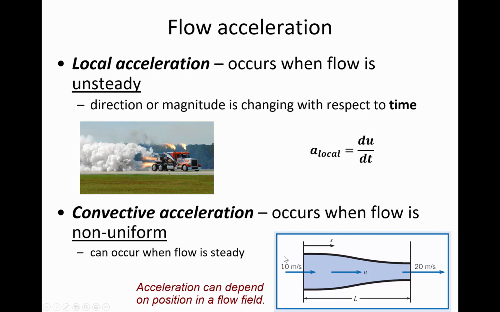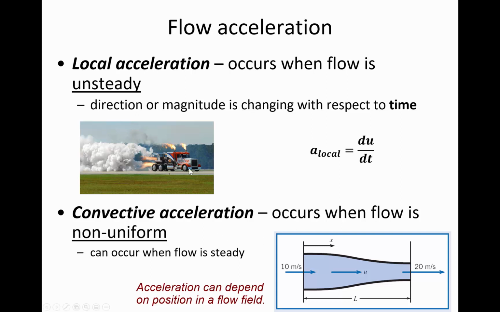That's an illustration of a convective acceleration, where even if the conditions are steady, meaning that the velocity doesn't change over time, it's the same flow rate going into this nozzle now as in 10 minutes from now, because of the changing shape, that accelerates the fluid with respect to its position.